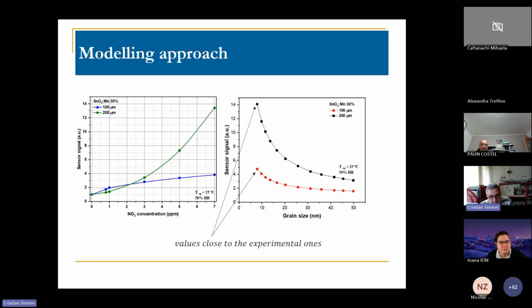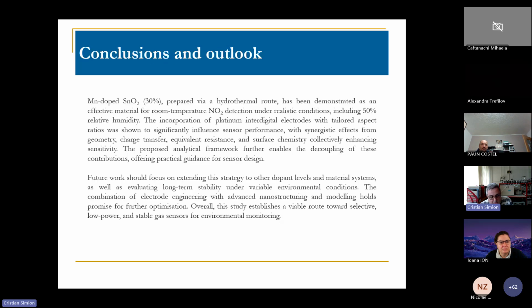calculations. In conclusions and outlook, we could see that the geometry, charge transfer, and equivalent resistance can be split up in order to bring their own contribution to the enhanced sensitivity.